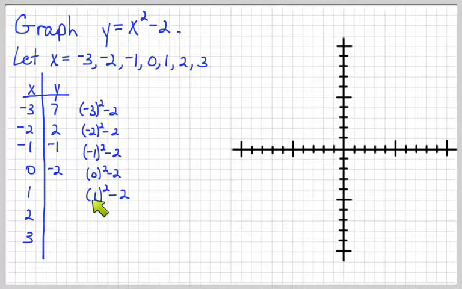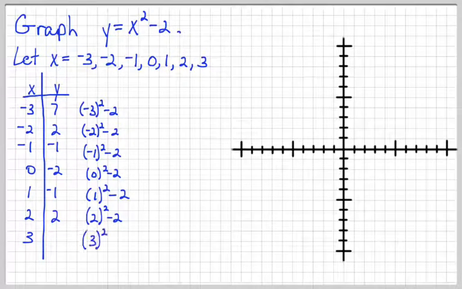Now let's plug in 1. 1 squared minus 2 makes 1 minus 2, which is -1 again. Now let's plug in 2. 2 squared minus 2 makes 4 minus 2, which is 2. And if we plug in 3, 3 squared is 9, 9 minus 2 is 7. So here I have a whole list of ordered pairs I can plot on my coordinate system.